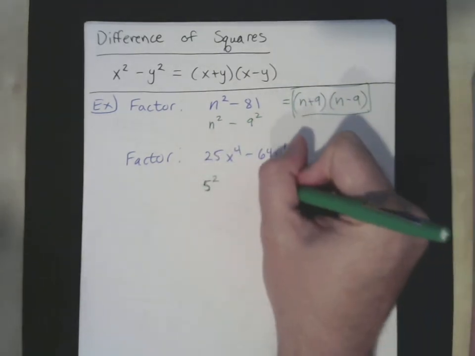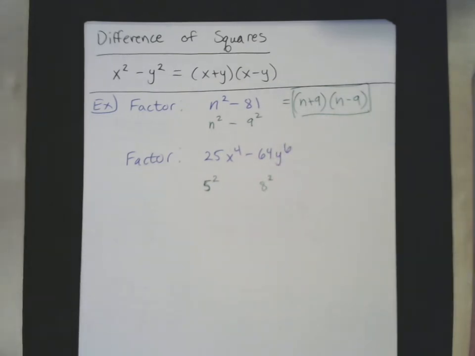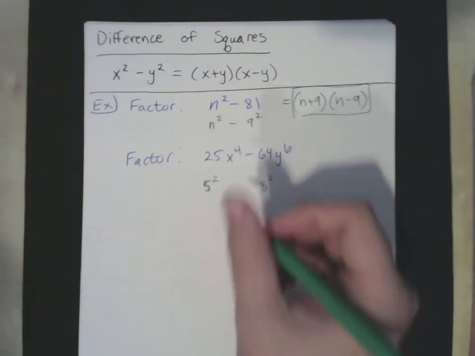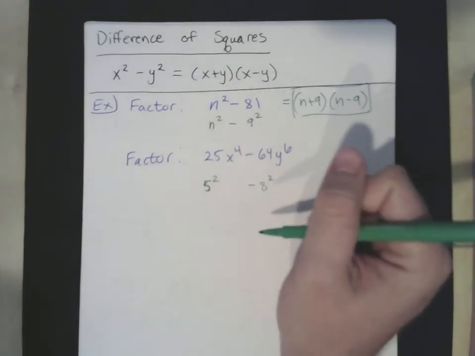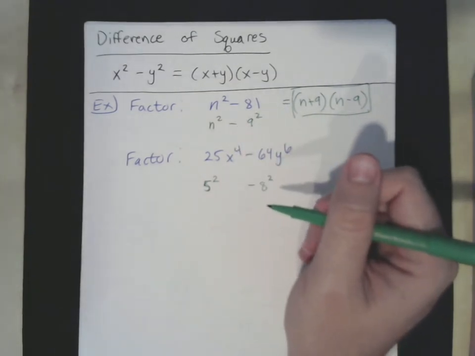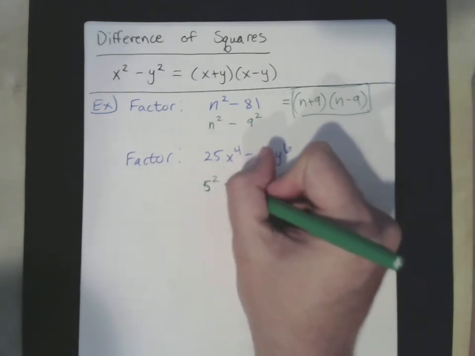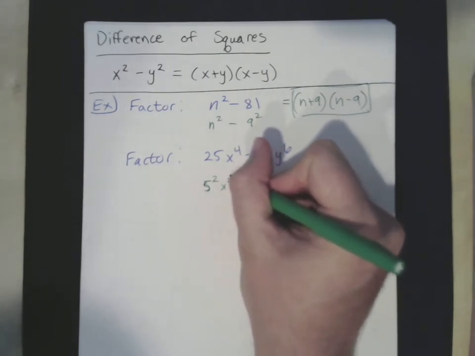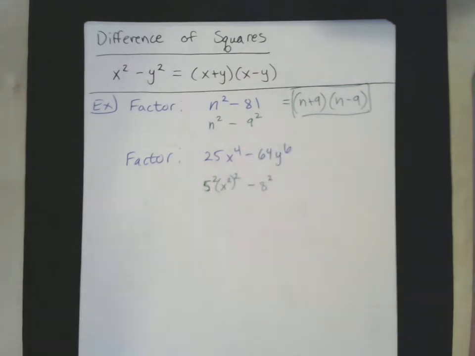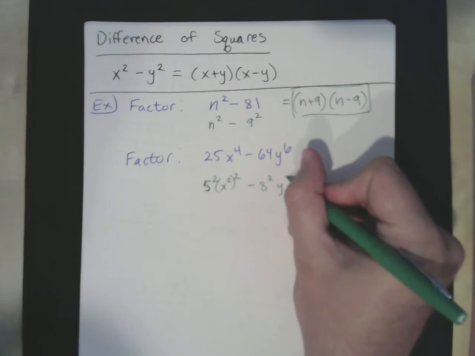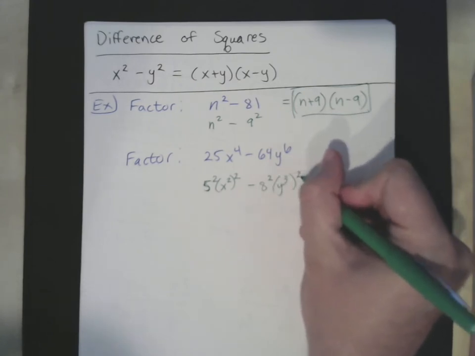And 64, again, yes, it's 8 squared. So now the question is, what about x to the fourth and y to the sixth? For x to the fourth, remember the way that exponents work, and we'll discuss this further in detail later on in the semester. This is x squared squared. And y to the sixth is y cubed squared.